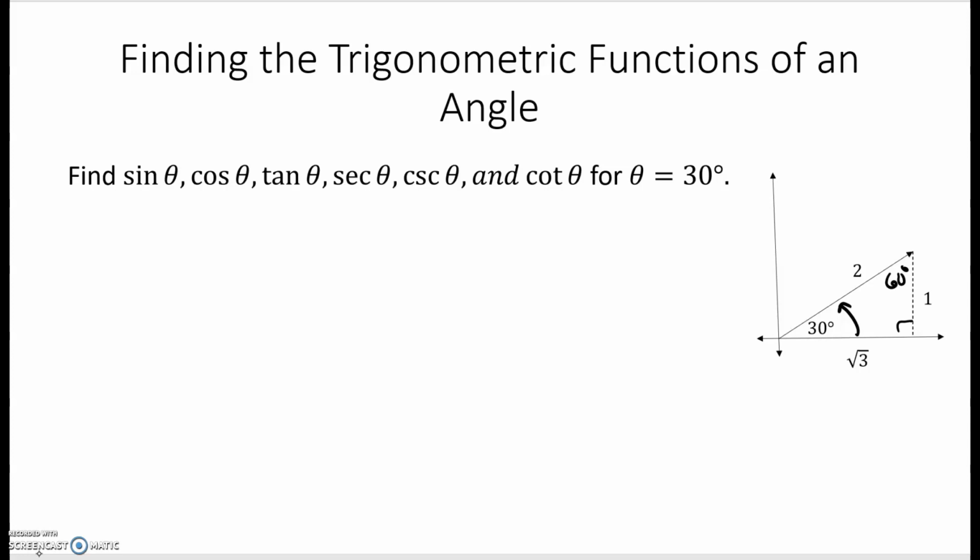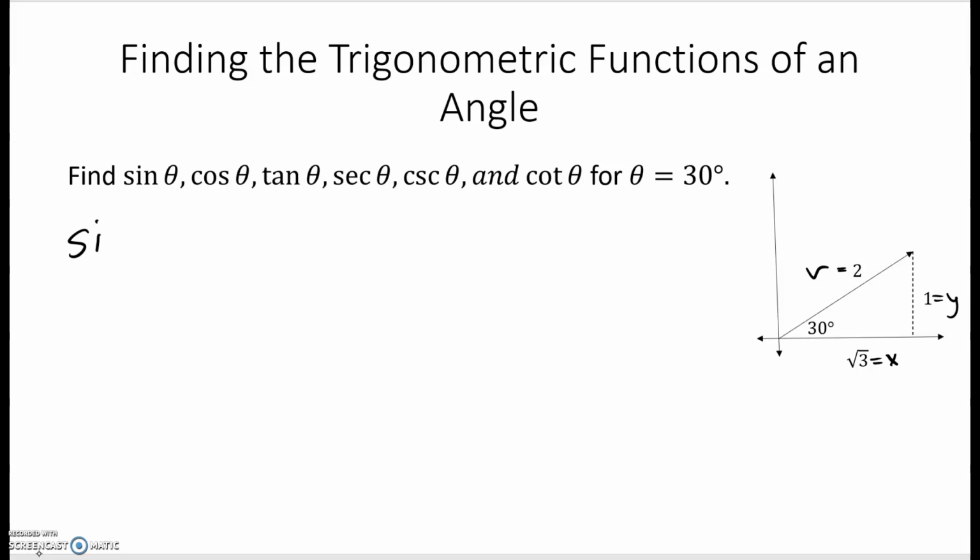Now remember, if we've got a 30, 60, 90 triangle, straight across from the 30 degree is 1, straight across from the 60 is square root of 3, and straight across the 90 is 2. Okay, so I'm going to use those numbers to give me my 6 trig functions. We can label this X and Y, and we'll call this R.